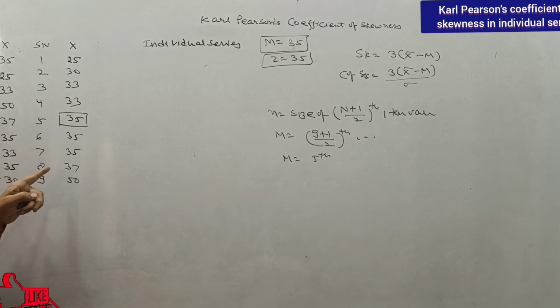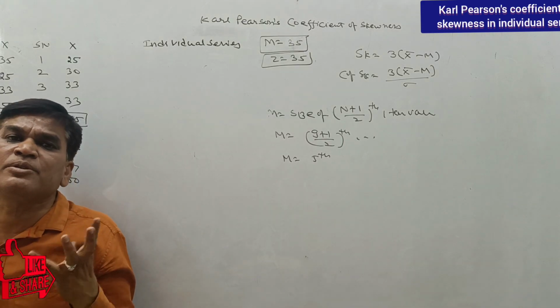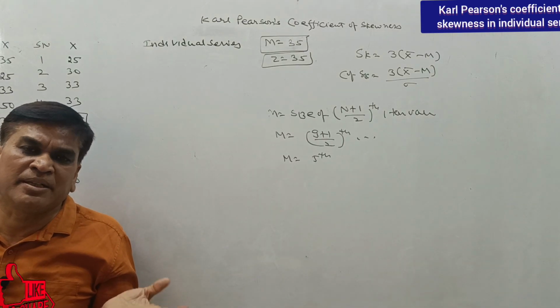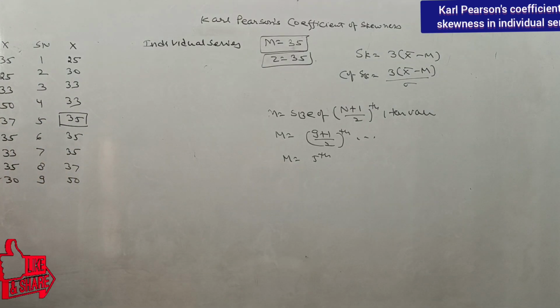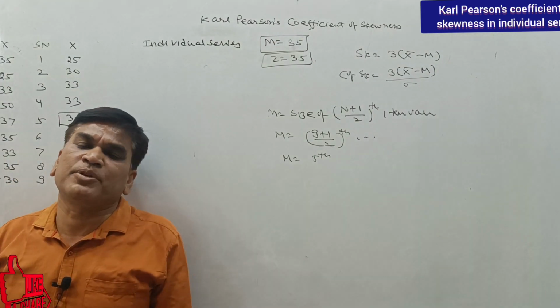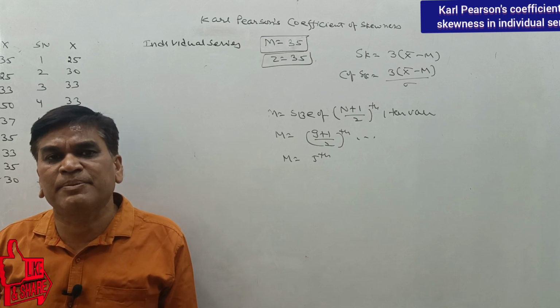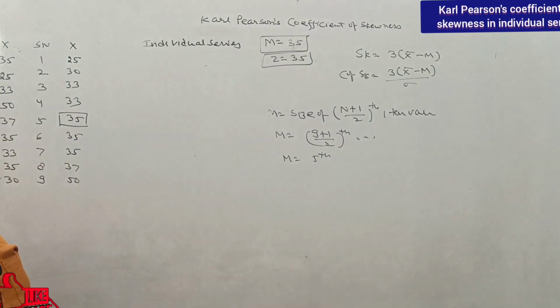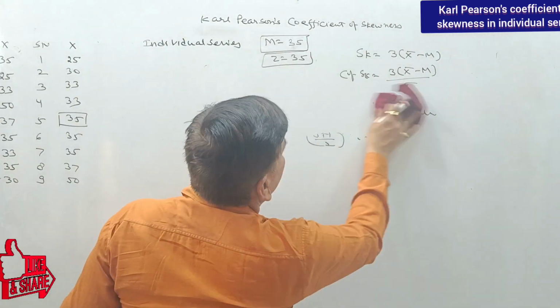So in this individual series we can calculate the mode value also, because there is repetition of numbers. Later we will discuss this. The first thing we have calculated is the median. Median is the size of (n plus 1) upon 2th item value. The number of items is 9, so 9 plus 1 upon 2 is the 5th item, and the 5th item is 35.